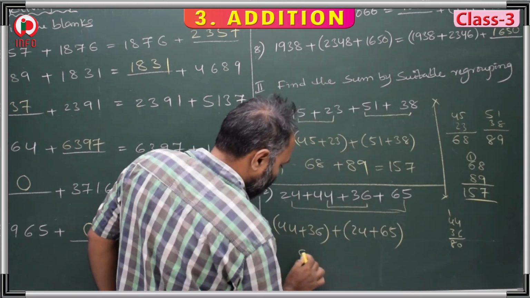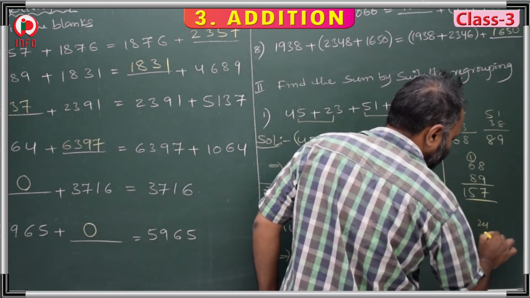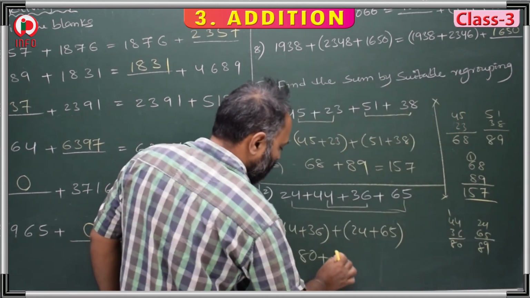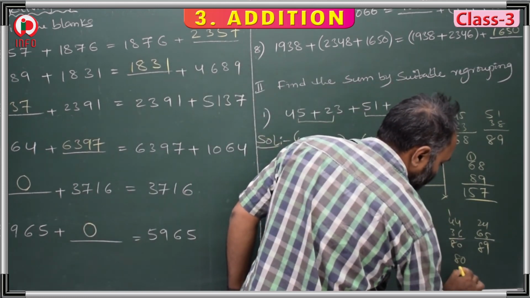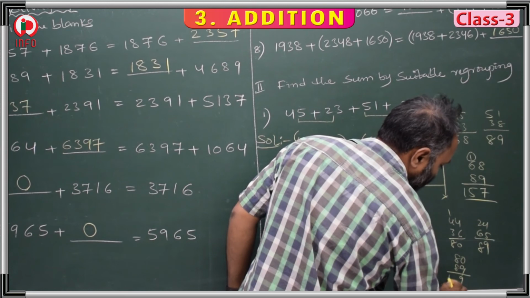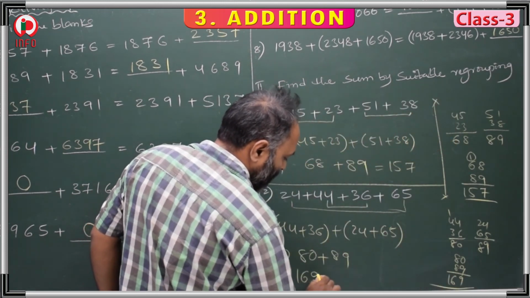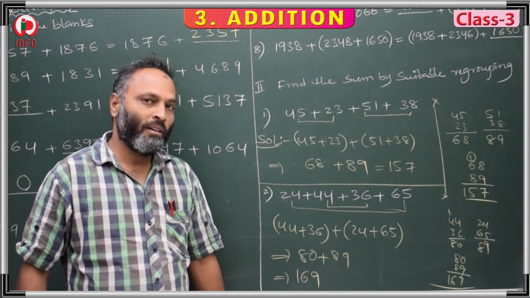This is our 80. 24, 65: 9, 8. 89. 80 plus 89 now is 169. Our answer is 169. In this way we have to make groups and find our addition.